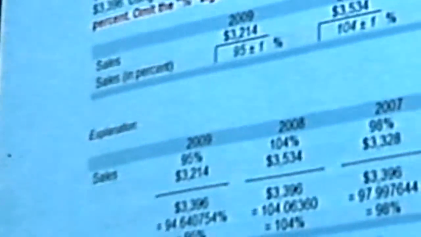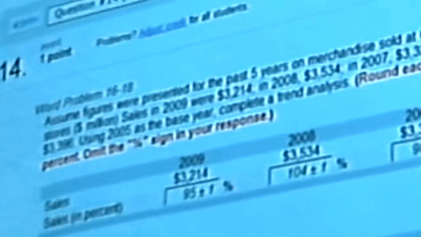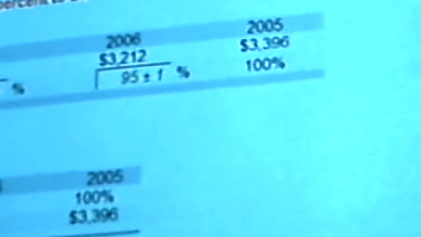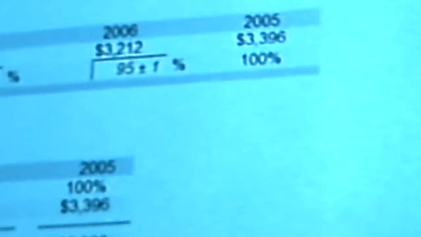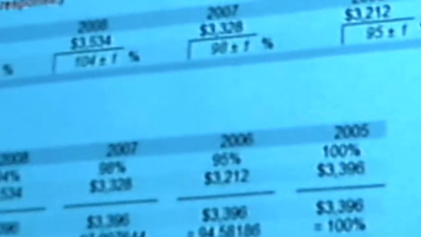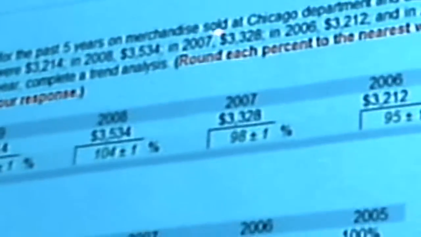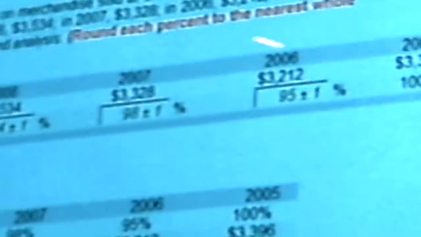So 2006 divided by 2005, 2007 divided by 2005, 2008 divided by 2005. Very simple. So you have to do nothing with these numbers. They're set up here for you.